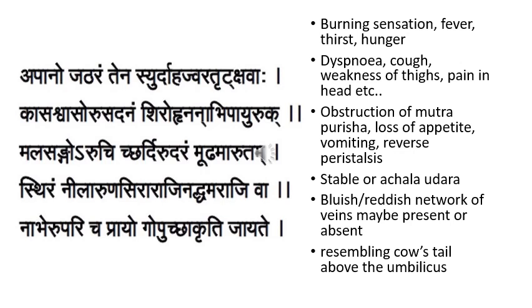And if present, it is present over the umbilicus, resembling the shape of a Gopuccha, or the cow's tail. You can see the shape of a cow's tail, how it is curved sometimes, and how the hairs are present at the edges. So the network of veins resembles that and is present nabheh upari, or above the umbilicus.